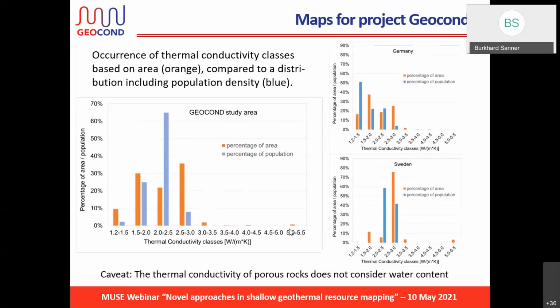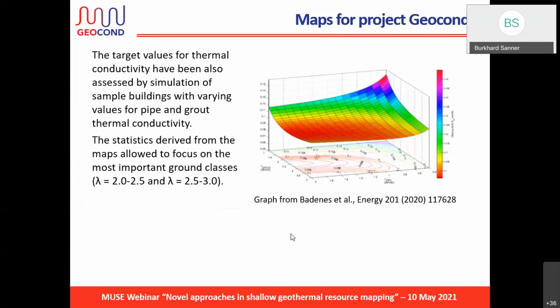So taking that into account, at UPV some modeling was done, a huge number of quick simulations with EED to understand the influence of pipe and grout conductivity. So this is grout thermal conductivity.